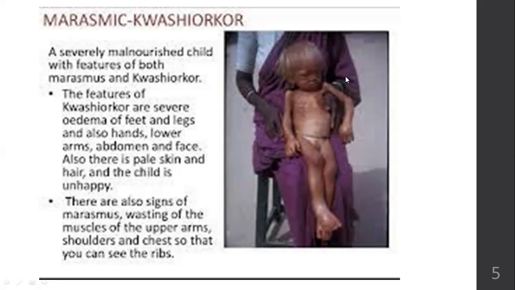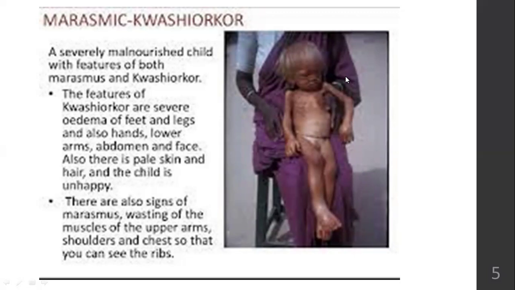What features do we have from kwashiorkor? Edema is there in the abdomen and in the ankles, feet, legs and hands also. But the other parts of the body, like ribs, upper arm, upper legs, are very thin. Those are the features from marasmus. So it's a mix of both.